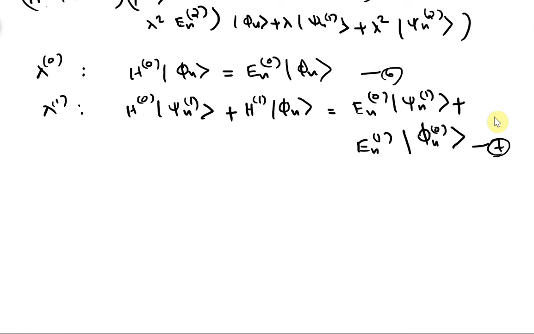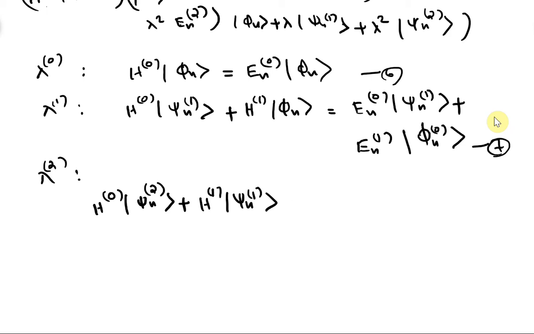and lambda power 2. Comparing lambda power 2, we need not see it there, we can write it immediately. To produce lambda power 2 with H0, we need it to be multiplied with the psi n2. To produce the H1 with the psi n1, if you multiply again it will produce lambda power 2.